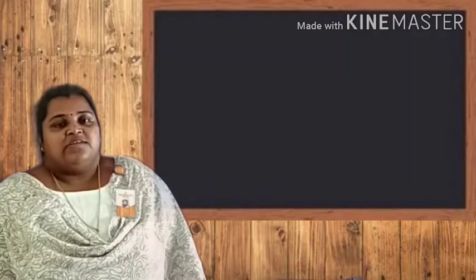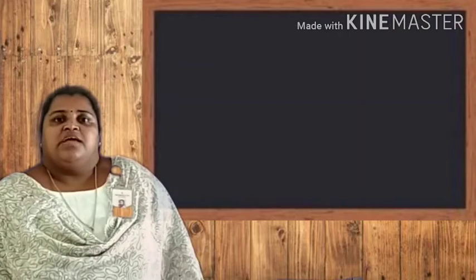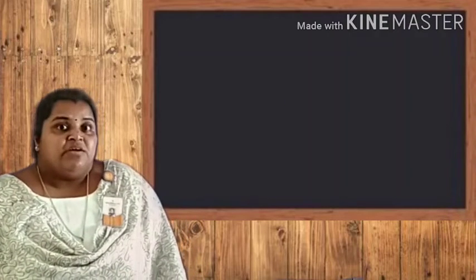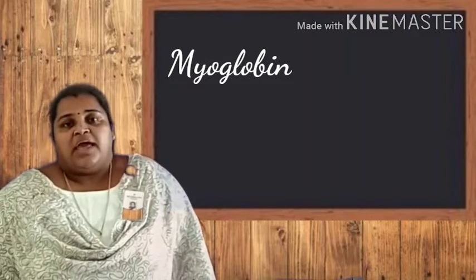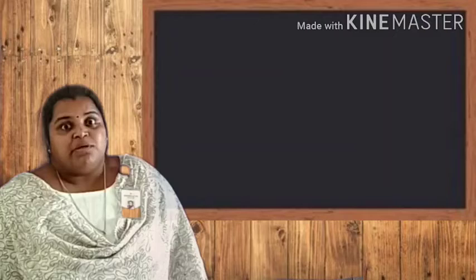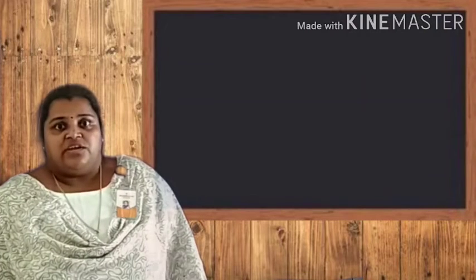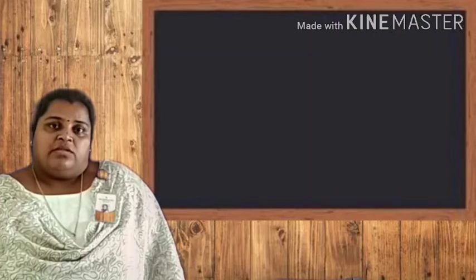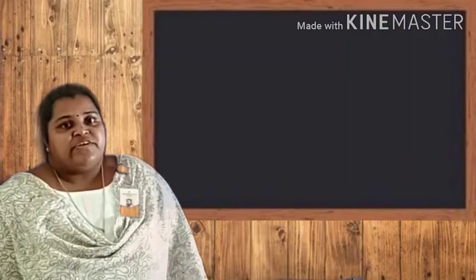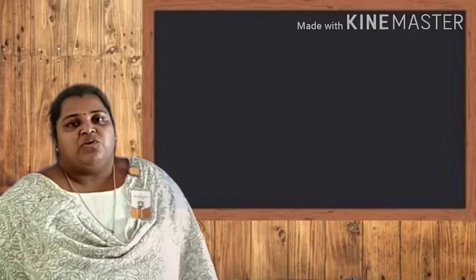It is because the cardiac muscles contain a pigment known as myoglobin. They can accommodate a maximum amount of oxygen for cellular respiration. Another feature is they have large mitochondria.